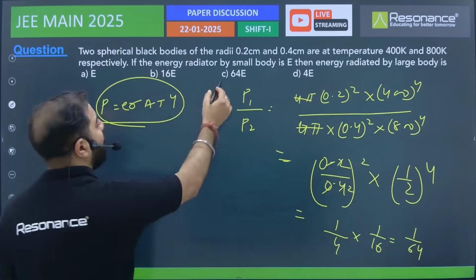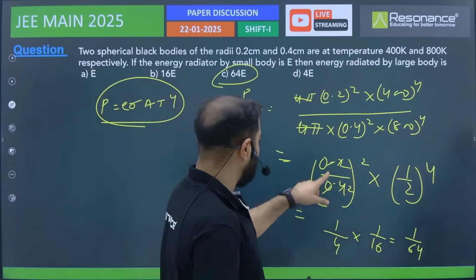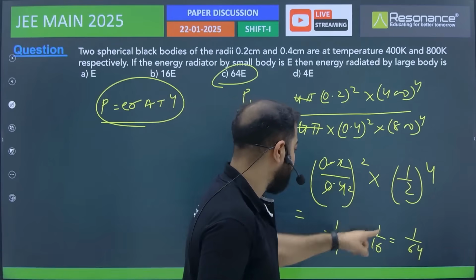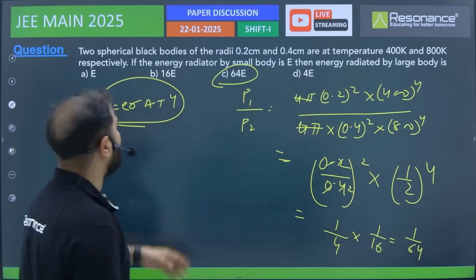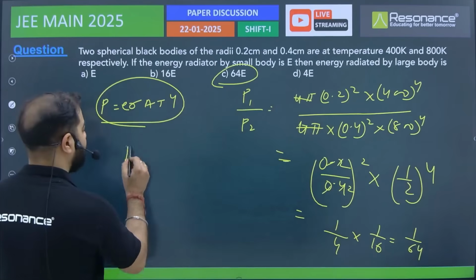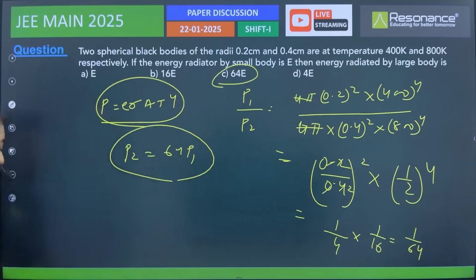Simplify, so the answer is 64, right? 0.2 and 0.4 cancel, 1 by 2 squared is 1 by 4, 1 by 2 to the power 4 is 1 by 16, so 1 by 64. So P2 is equal to 64 P1 from there. Or 64E. Fine, let's go for the next question.